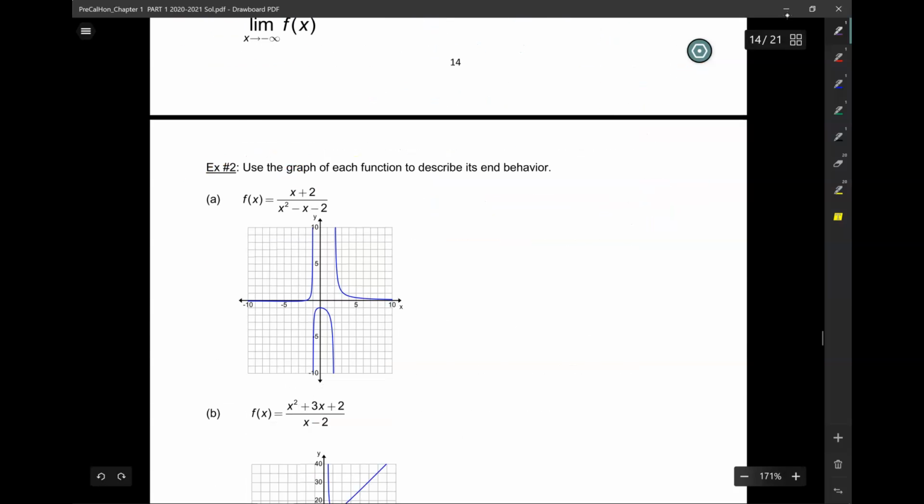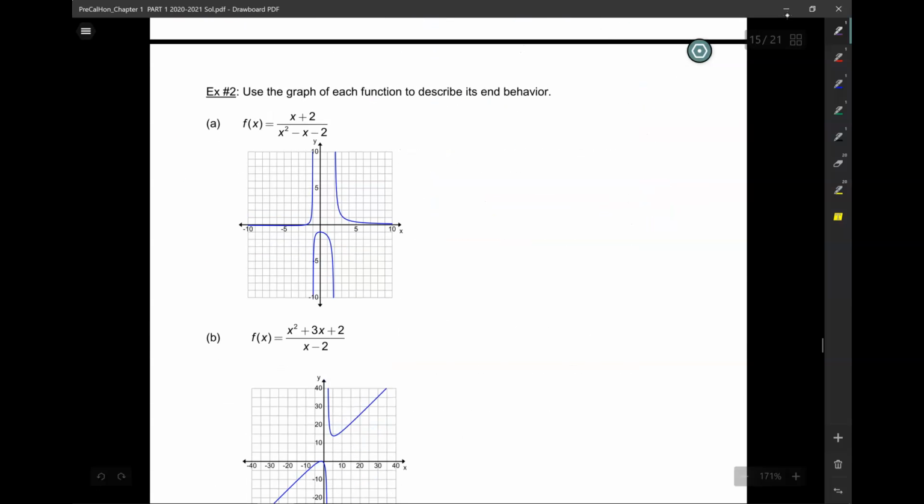All right, so let's take some examples and do some end behavior. When you see the words end behavior, you have to look at the far right and the far left. So we say the limit of f of x as x approaches infinity, and the limit of f of x as x approaches negative infinity.